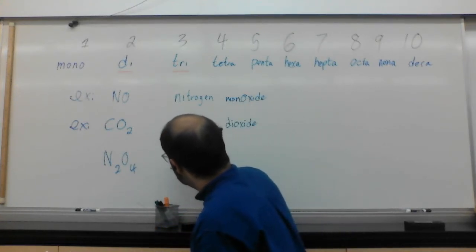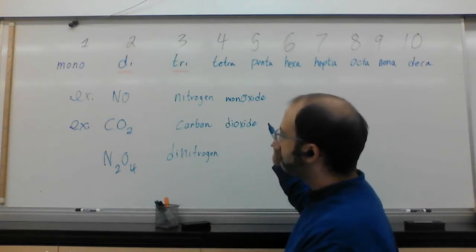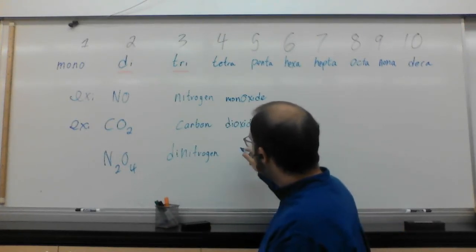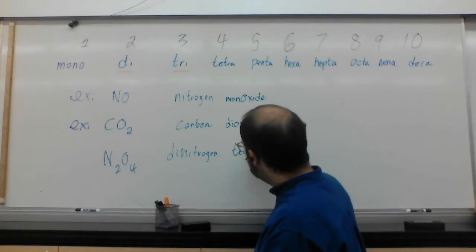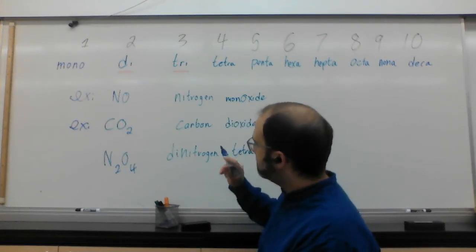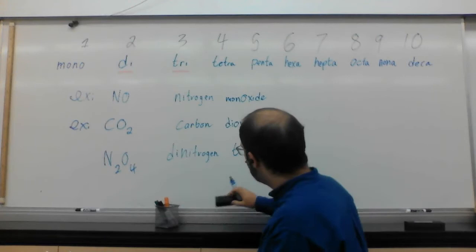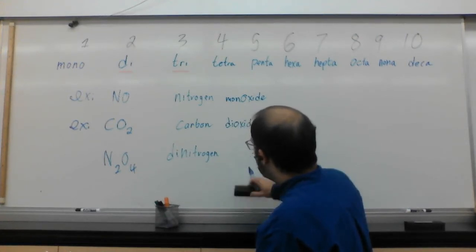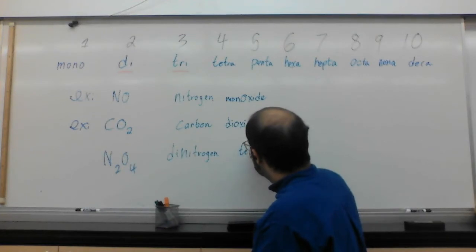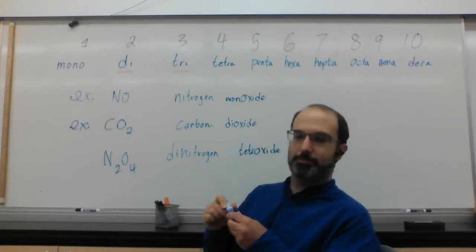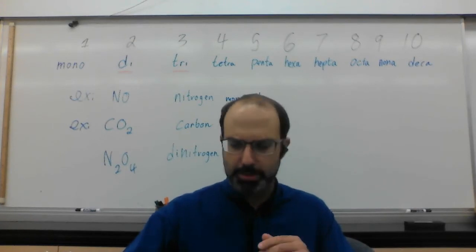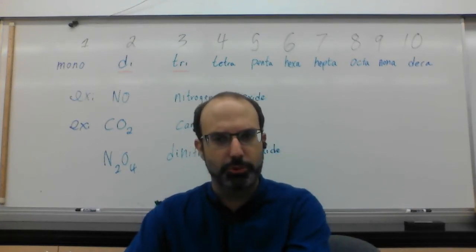So this becomes dinitrogen, oxygen, oxide, and it's going to be tetra, but tetra has an A ending, so I remove the A. So it's going to just be dinitrogen tetroxide. And there you go. That's how you do it. Or at least that's how you go from formulas to names.